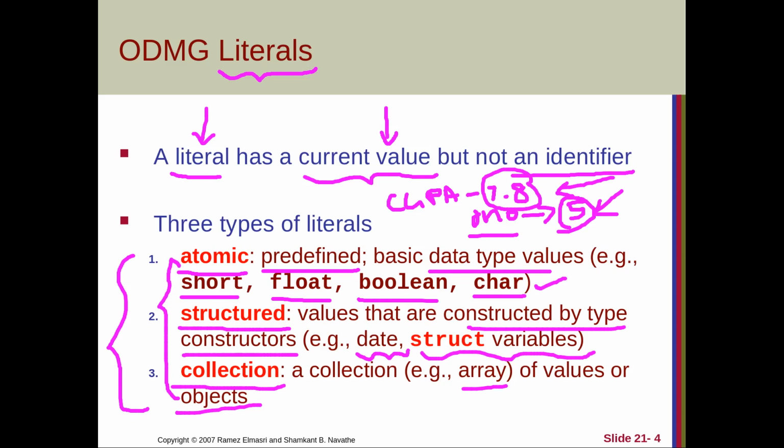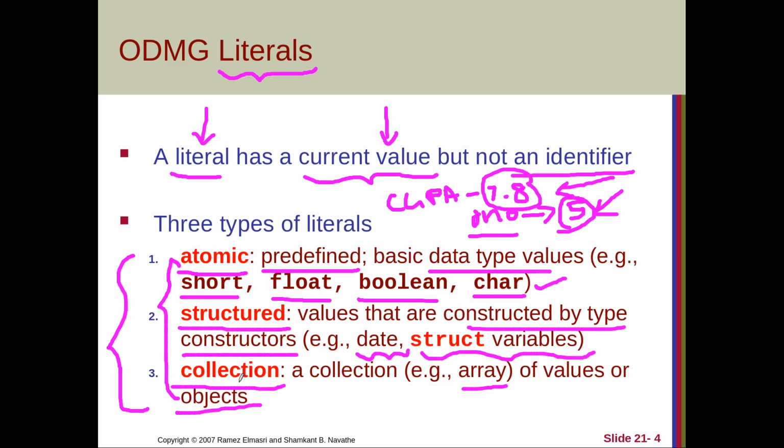Similarly, for an object, if an attribute has a value, for example roll number, that can be of atomic type using some basic data types. We can have a structured type when we have multiple values present for a particular attribute in an object, for example a date or a name with first name, middle name and last name.